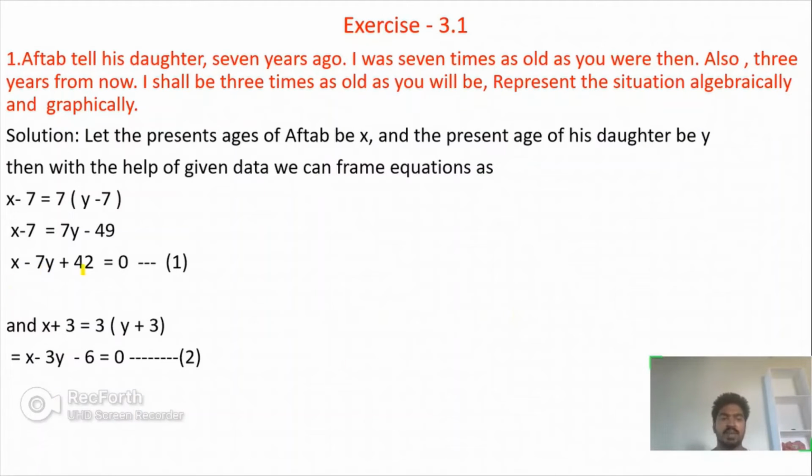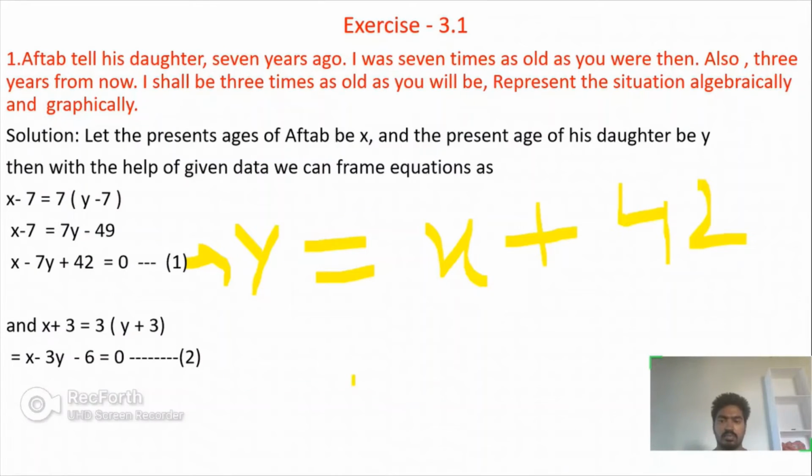For the first equation, x minus 7y plus 42 is equal to 0, I want to find the value of y. So x plus 42 is equal to 7y, so y is equal to x plus 42 divided by 7.